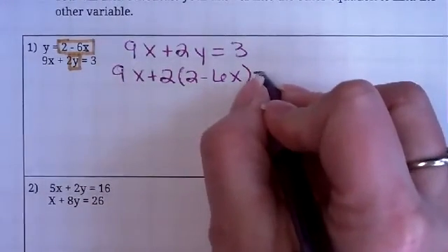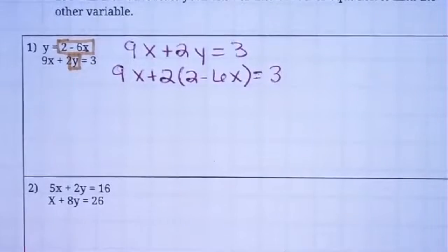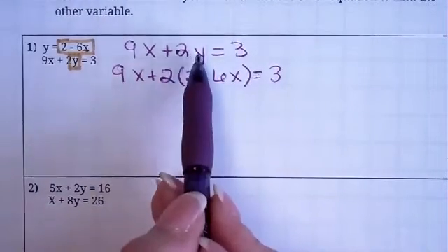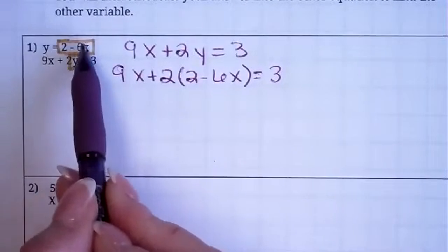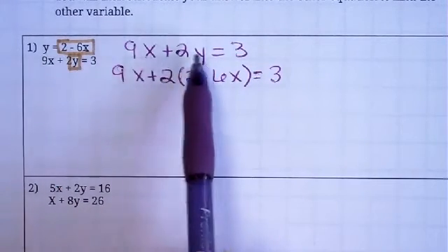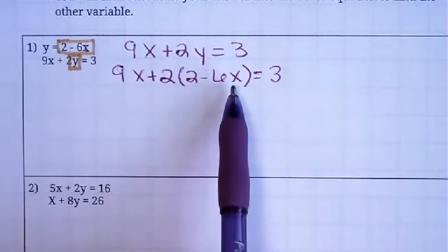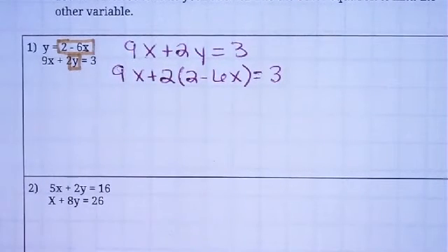And we know that's going to be equal to 3. Now, what happened here by replacing this y with all of this right here is, if you notice, I don't have 2 different variables. My variables are the same letter, so I can actually solve it and come up with a number amount for my answer, okay?